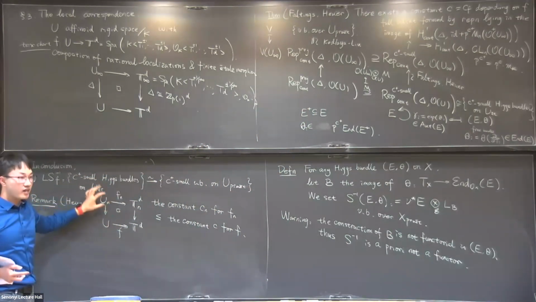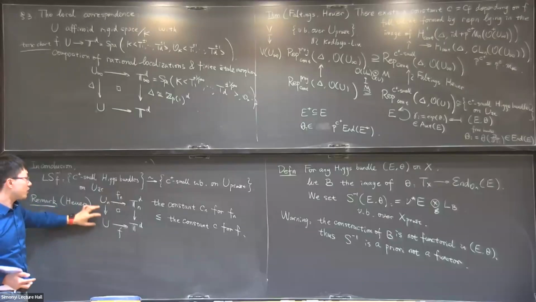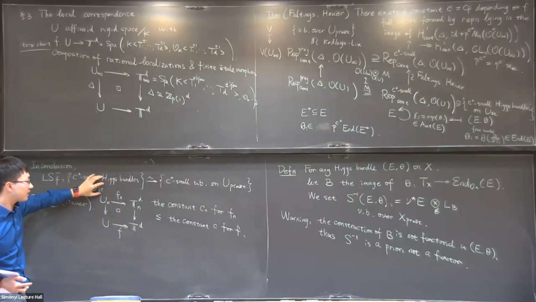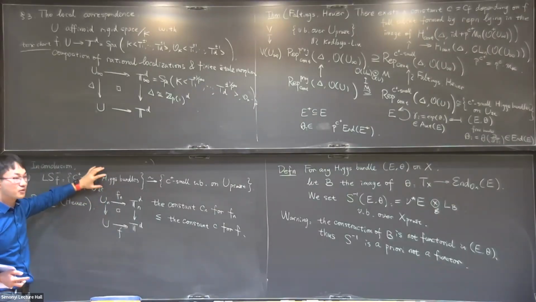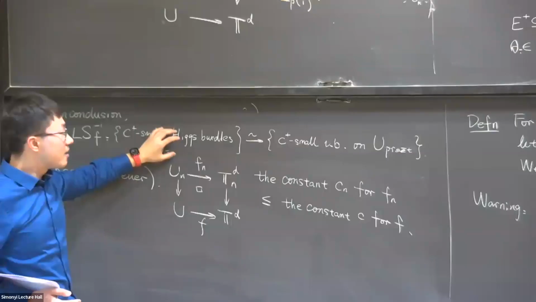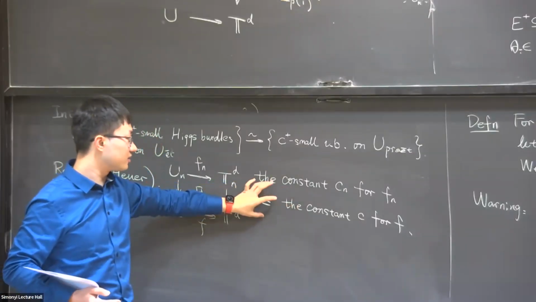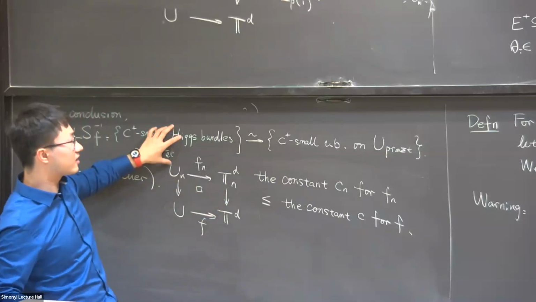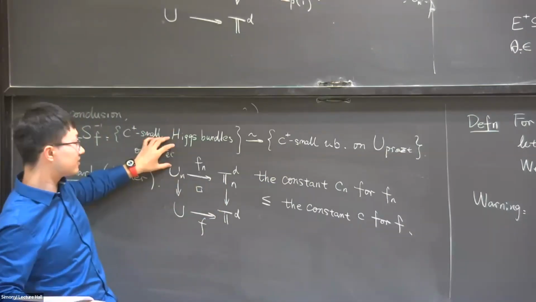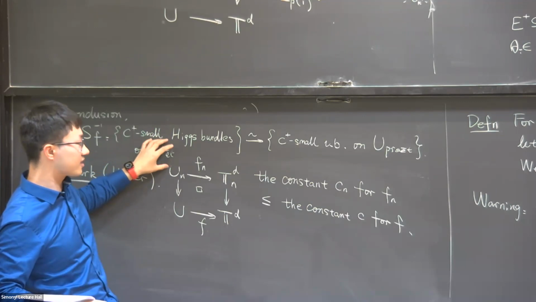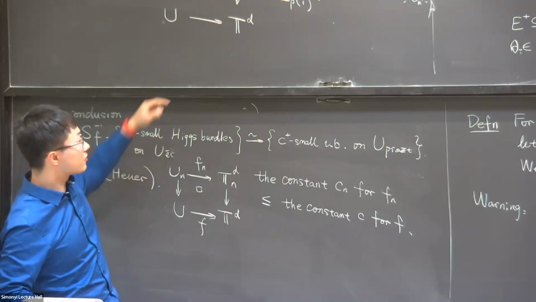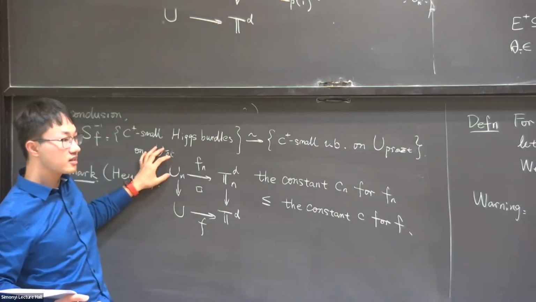The constant changes, right? So you might see that it will never become small when you pull back along this tower. But once we have this control, then in a sufficiently large step, you will get a small representation so that you could use this local correspondence.